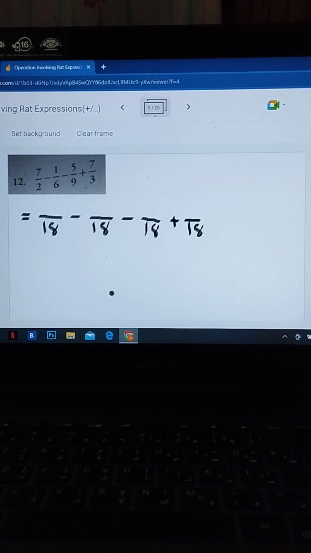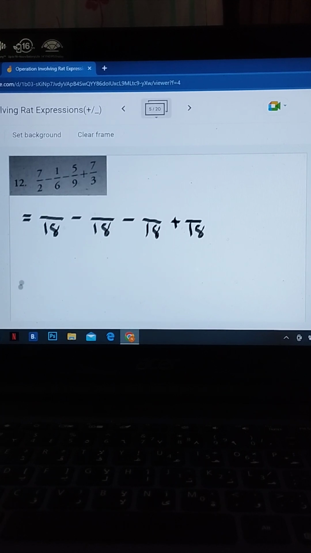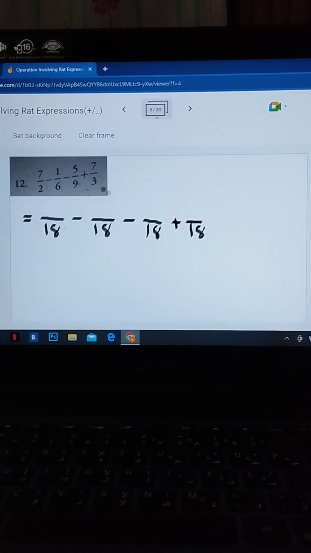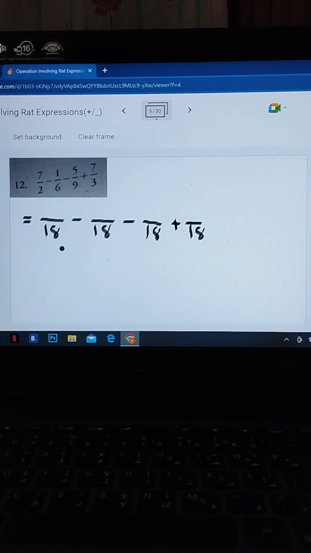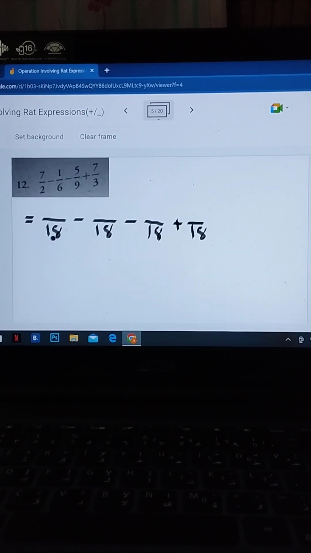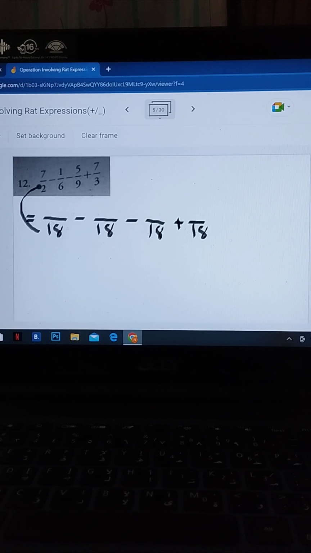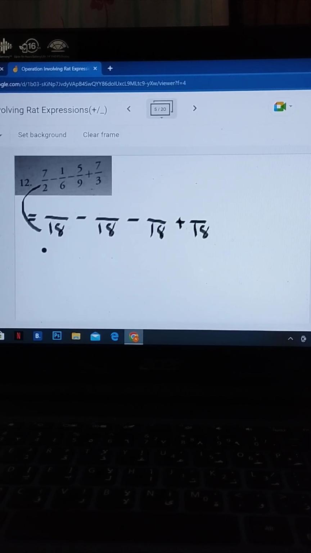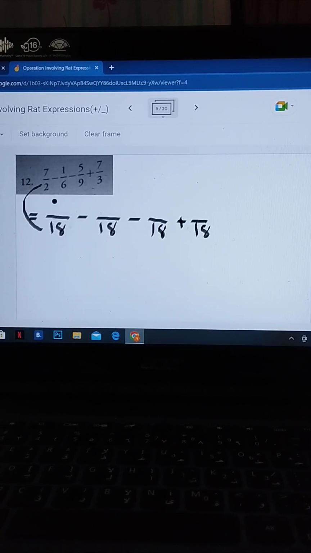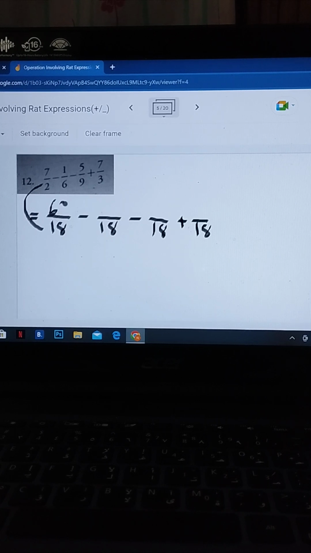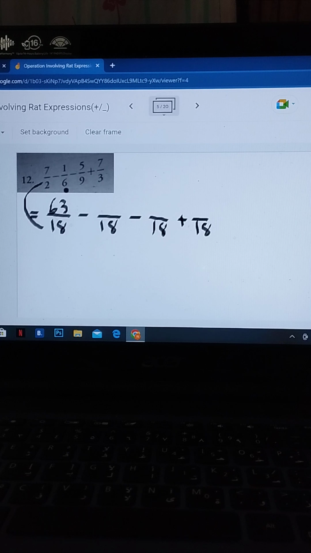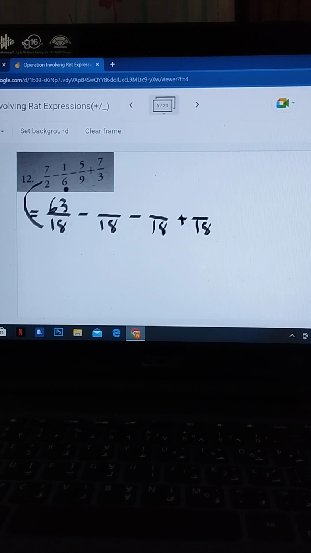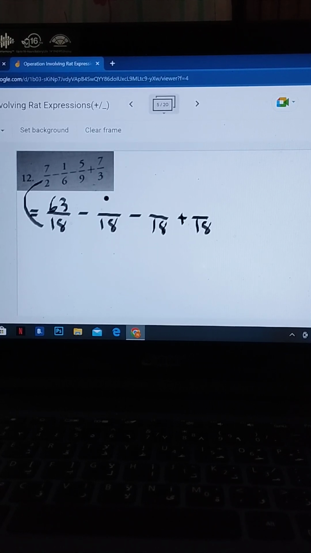Okay, so example of addition of dissimilar fractions. The LCD of 2, 6, 9, and 3 is 18. So 18 divided by 2 is 9, 9 times 7 is 63. Next, 18 divided by 6 is 3, 3 times 1 is 3.